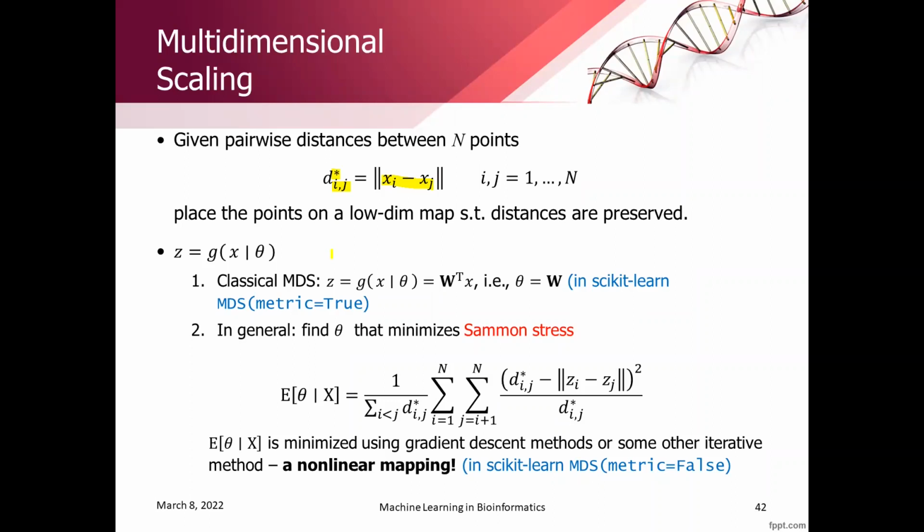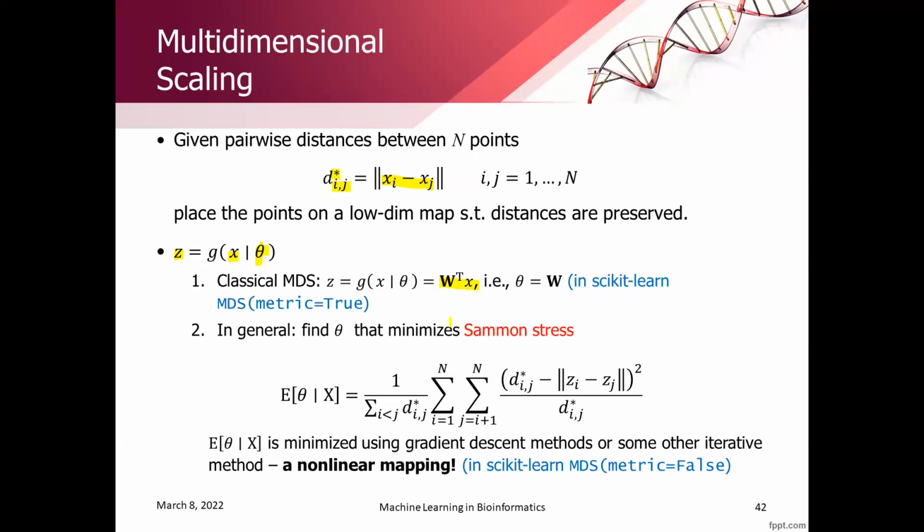So there is some function which, based on some parameters theta and the input vector x, computes the new vector z. This is the transformation. In classical multidimensional scaling, sometimes called metric multidimensional scaling, this transformation is actually a linear transformation.